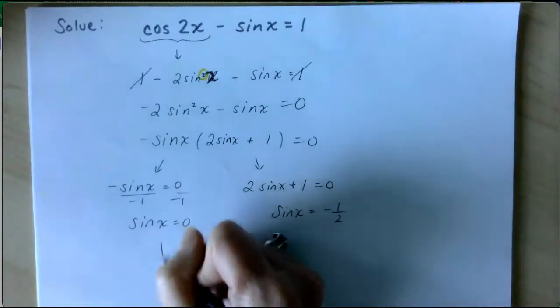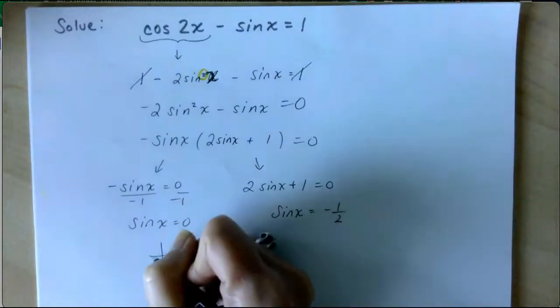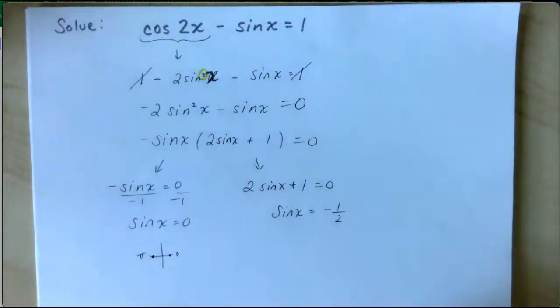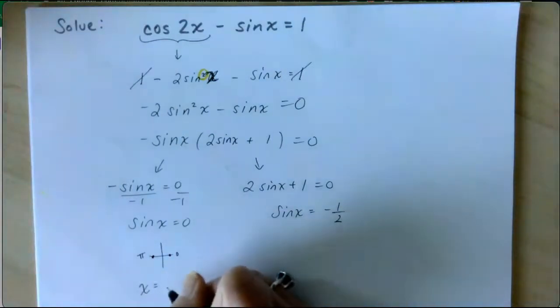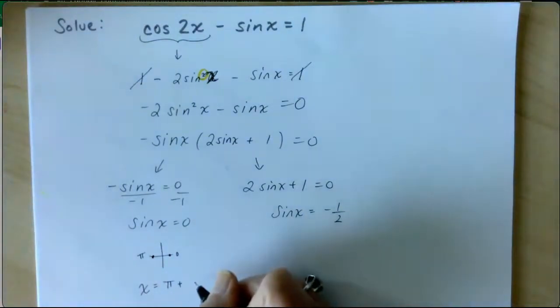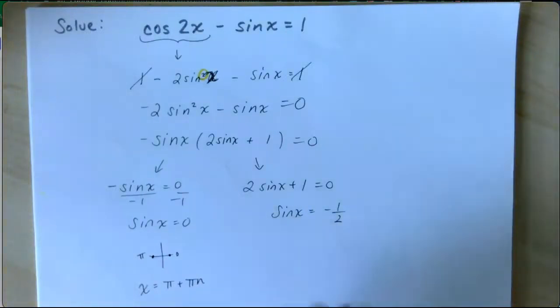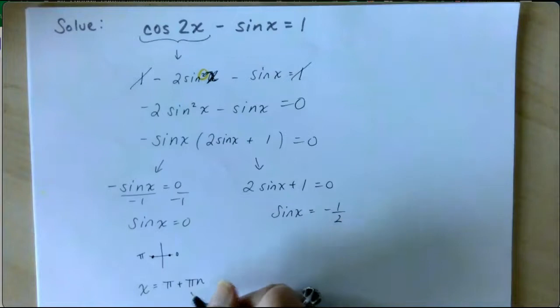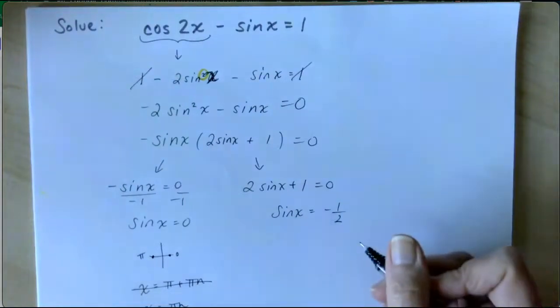First of all, where does the sine equal 0? The sine equals 0 right here at 0 and also on the other side of the pole at pi. So that means x equals pi times n, because adding pi to pi would be a bit redundant there.